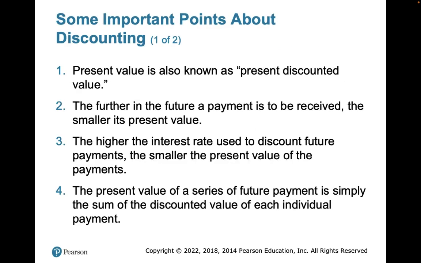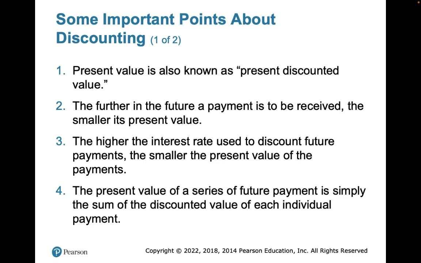Now first of all, some important points you have to know about discounting. Present value is also known as present discounted value. The further in the future a payment is to be received, the smaller is its present value.